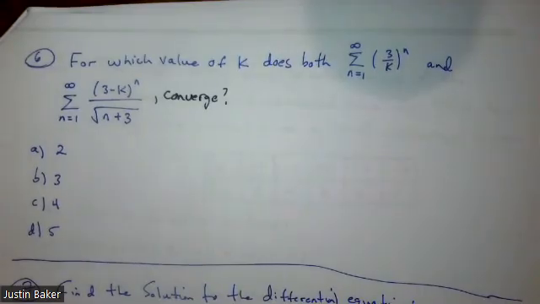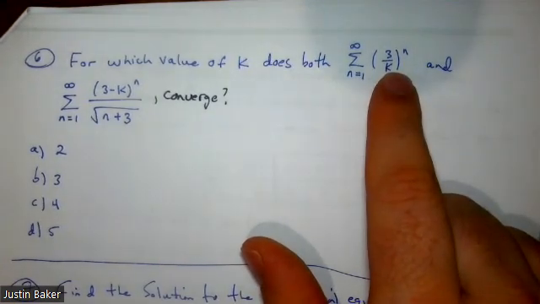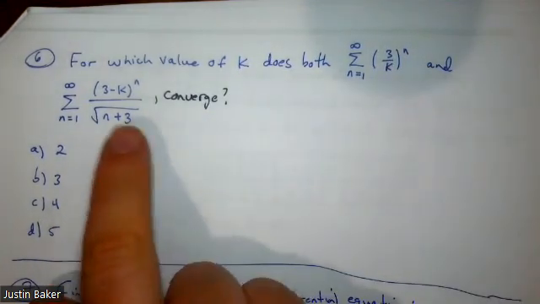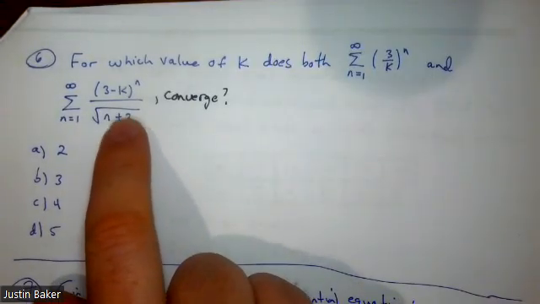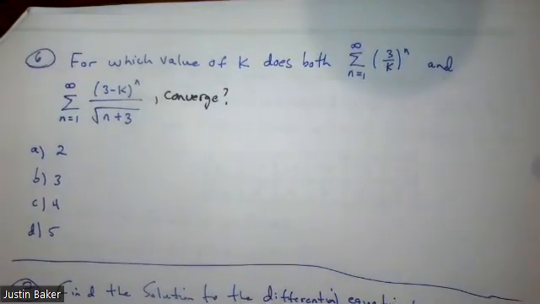As a hint, we want to think about what we're talking about. This looks pretty geometric-like to me. And this over here looks a whole lot like that alternating series thing we just talked about. So we kind of want to piece together what you would need for each of those to work.